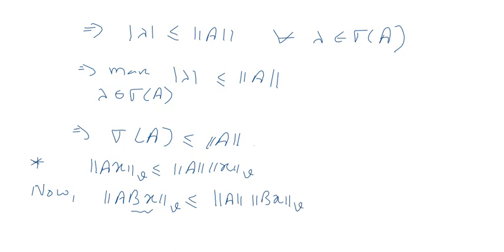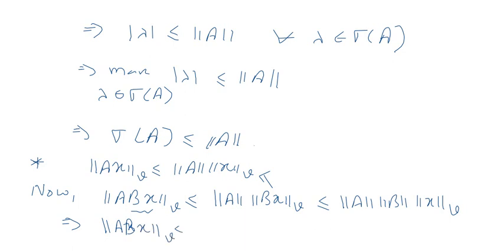If I apply this inequality again, it is less than or equal to the norm of A times the norm of B times the norm of x. So precisely, the norm of ABx is less than or equal to the norm of A into the norm of B times the norm of x.